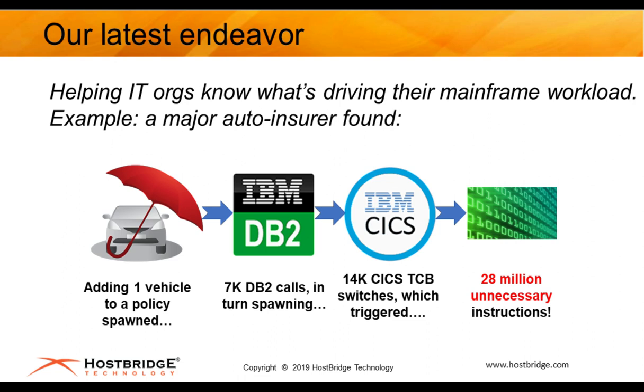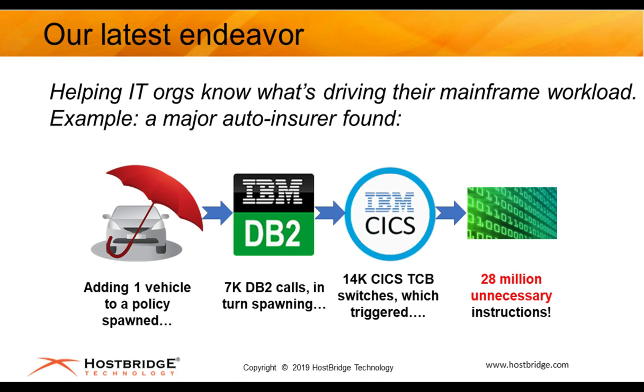For example, using the product that we're going to be talking about today, a major auto insurer wanted to understand in detail when a customer added an insurance policy, just adding a vehicle to an existing policy, whether they did that through a self-service portal or through an agent across the phone. They wanted to know exactly when a request came in through that route for that bit of work, what it cost them to do that.